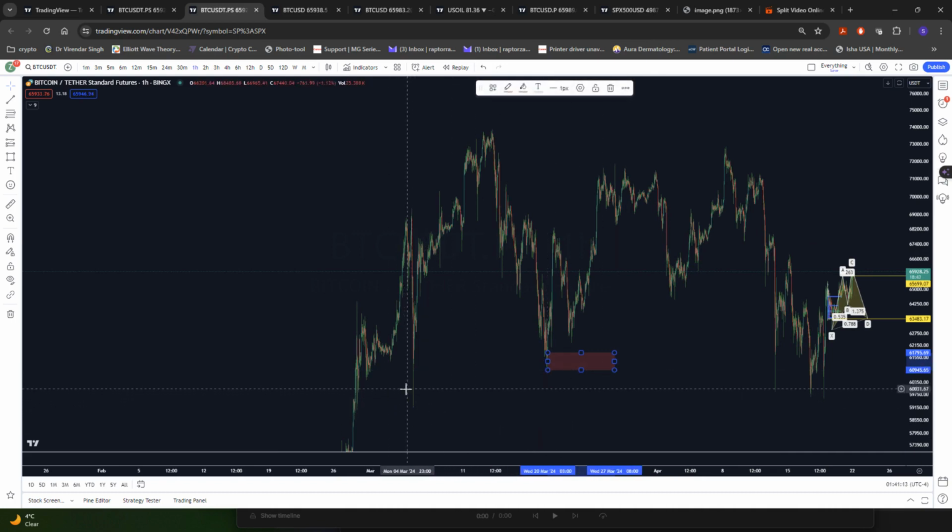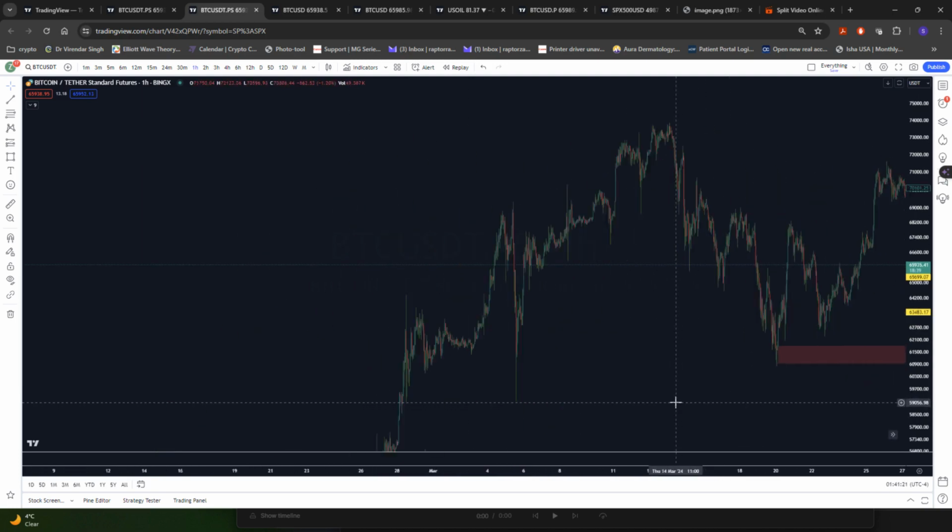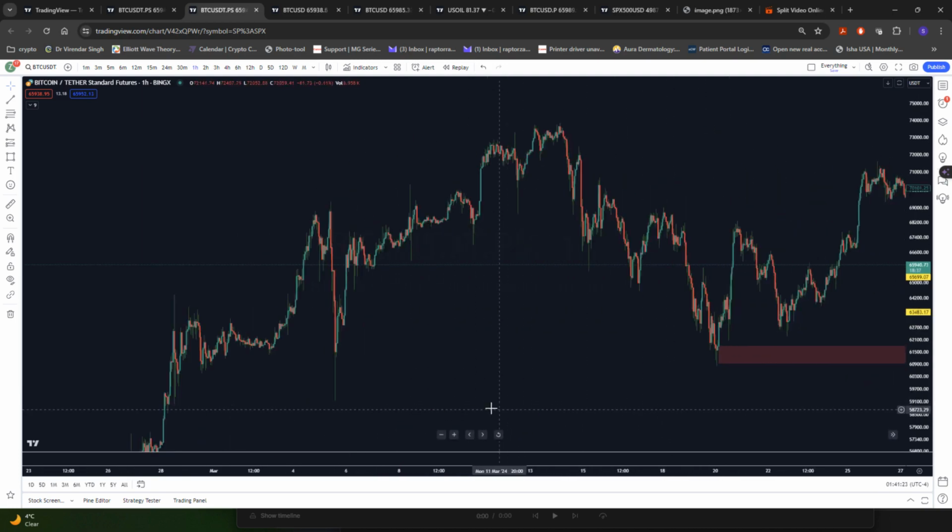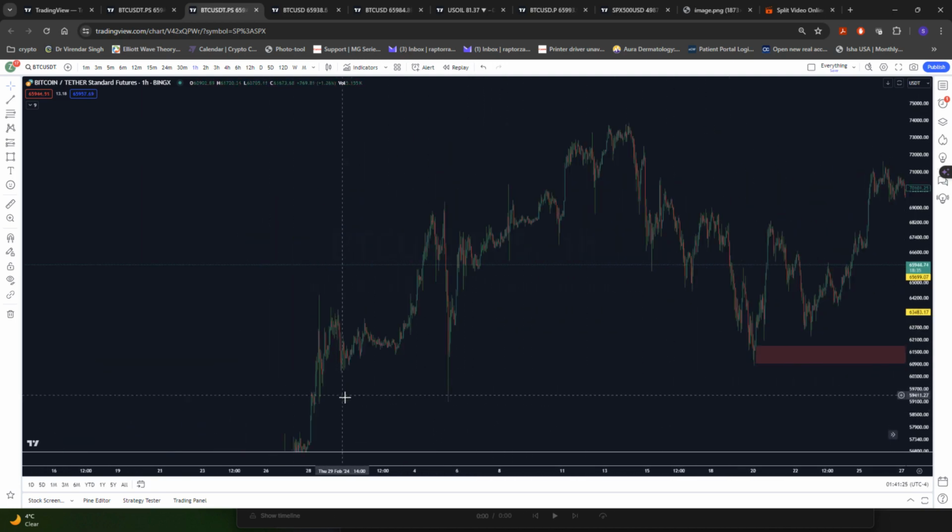And from where do they buy? They buy it from the retail investors. So sometimes these orders take time to fill. So we get demand zones like this, which are formed in an interval like an hour or 4 hours. Sometimes they are filled instantaneously, like in microseconds.